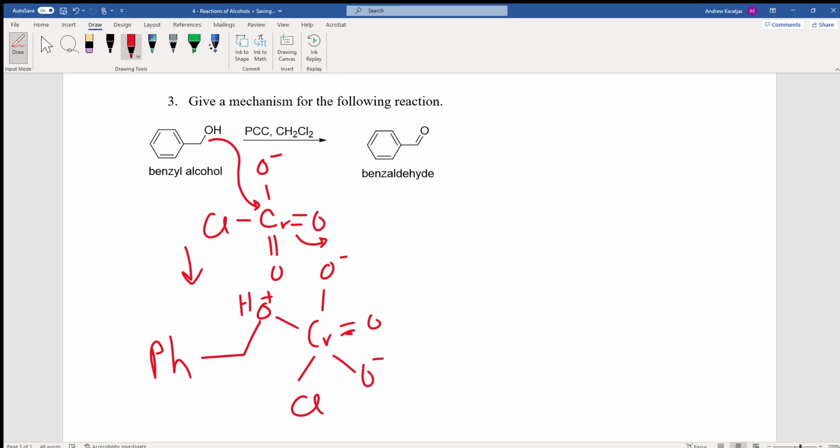From here, one of these negatively charged oxygens adds its electrons back in, kicks out the chlorine.